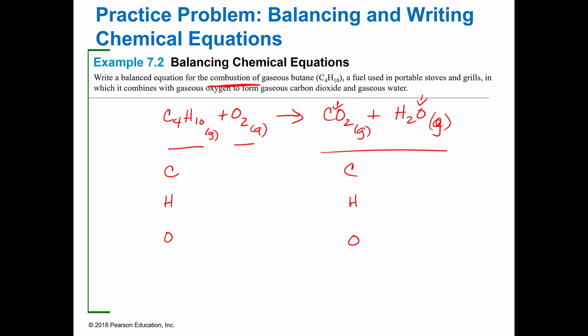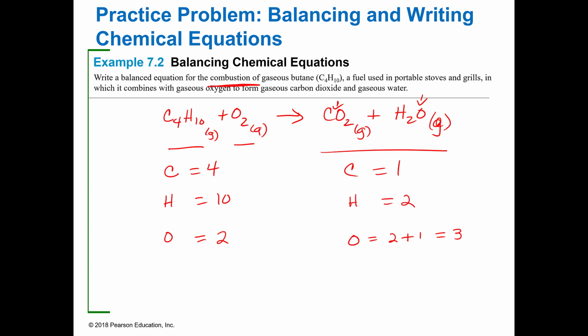So when I take account of that, I'm going to say I have 2 plus 1 equals 3, because when I'm balancing, I may change one and not the other. So over here I have 2 oxygens. I have 10 hydrogens. I have 2 hydrogens. I have 4 carbons on the left, and I have 1 carbon on the right. Okay?